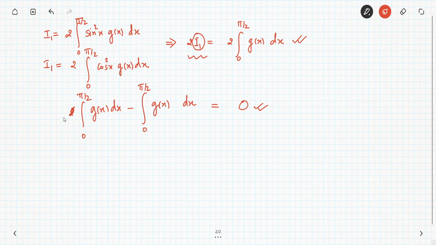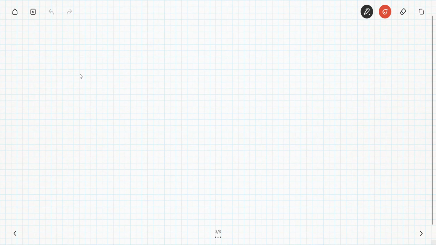Now the second part that was given in this question was to evaluate 16 upon pi cube, 0 to pi by 2 f of x g of x dx.